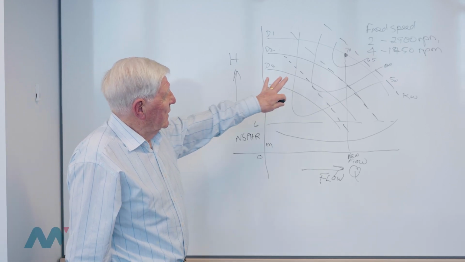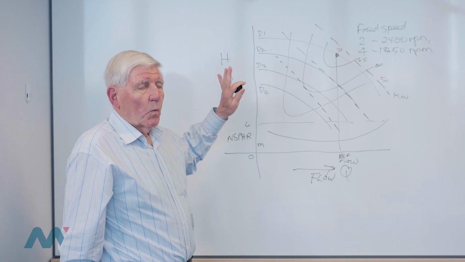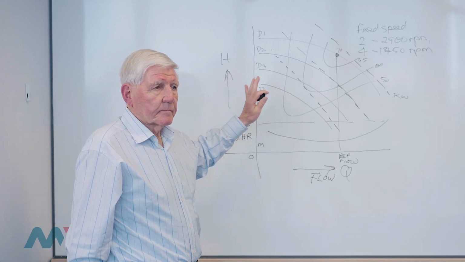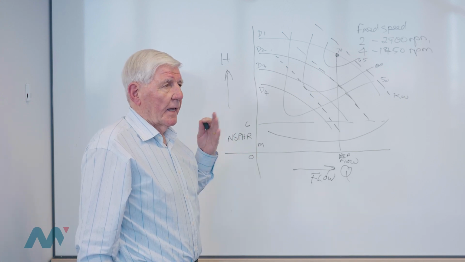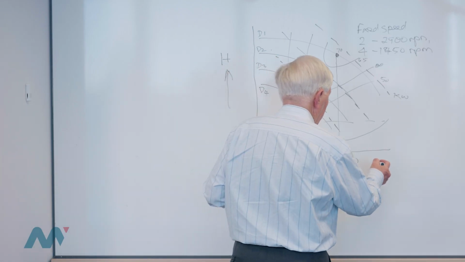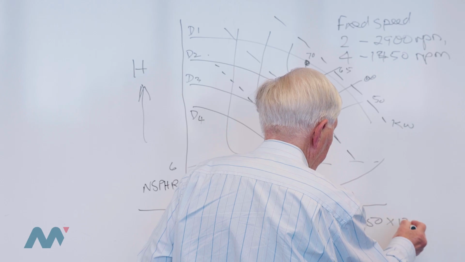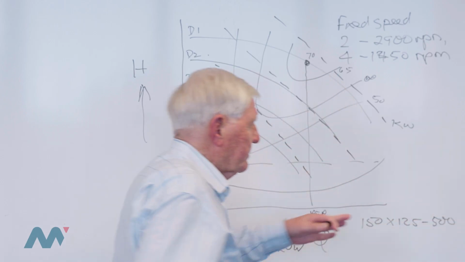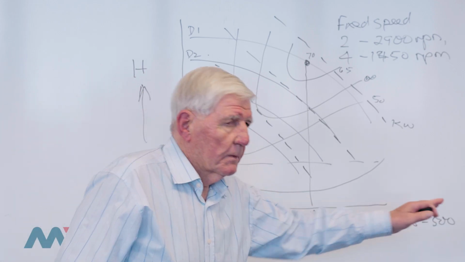However, to examine the accuracy of this information, we need to understand how that data was collected. And as I said, this is done by physically testing a model of the pump. So if this is, let's say, a 150 by 125, 500, that would be a typical ISO pump. Suction, discharge, impeller diameter.